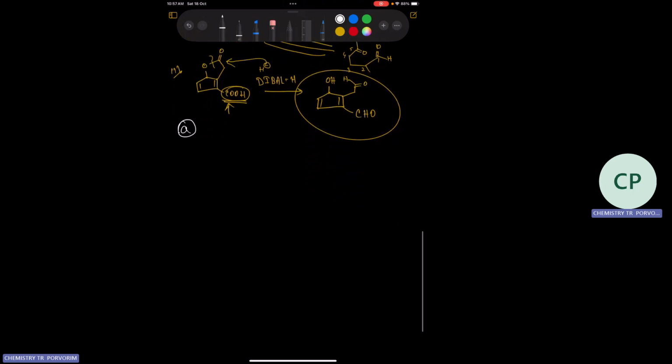Next, question number 12. Chlorobenzene reacts with trichloroacetaldehyde in the presence of H2SO4. We will write the diagram this way so that we can get our product. Plus.